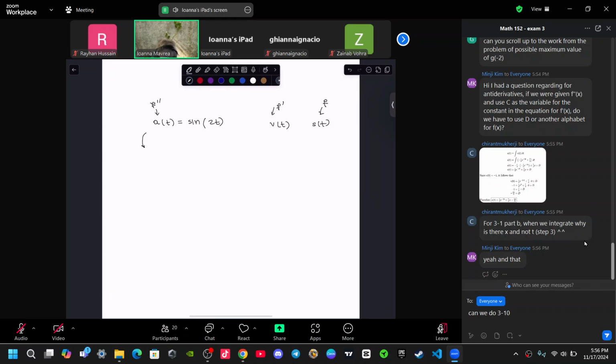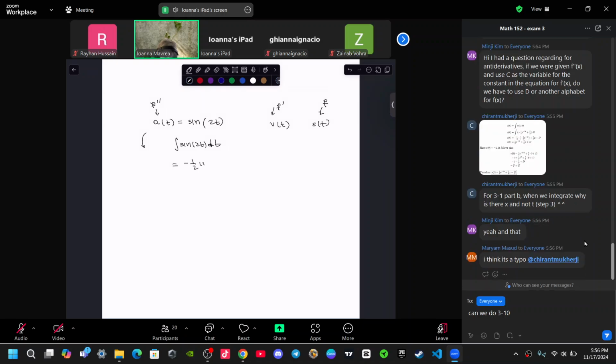So I wouldn't go ahead and integrate and say this is -1/2 cosine of 2t. Please don't use substitution because supposedly you don't know it. And then say this is v, and therefore s, I need to integrate that. I wouldn't do that, because then you have to write plus ct plus d. Yes, you would. I wouldn't do that until I first find c.